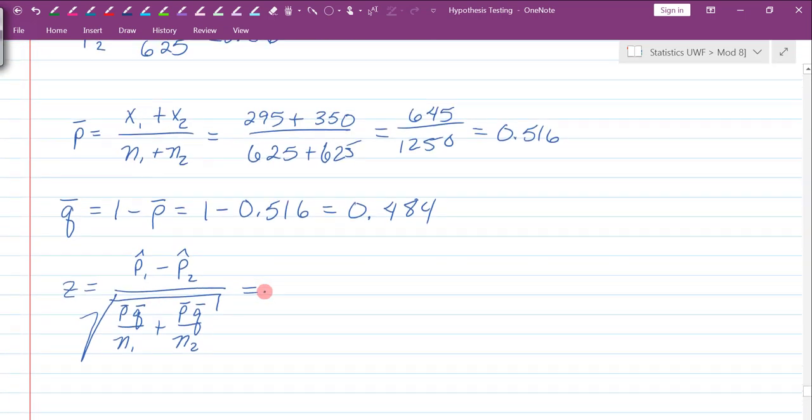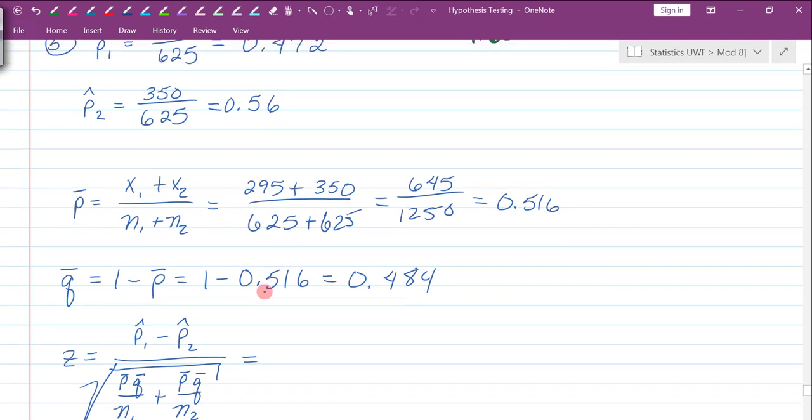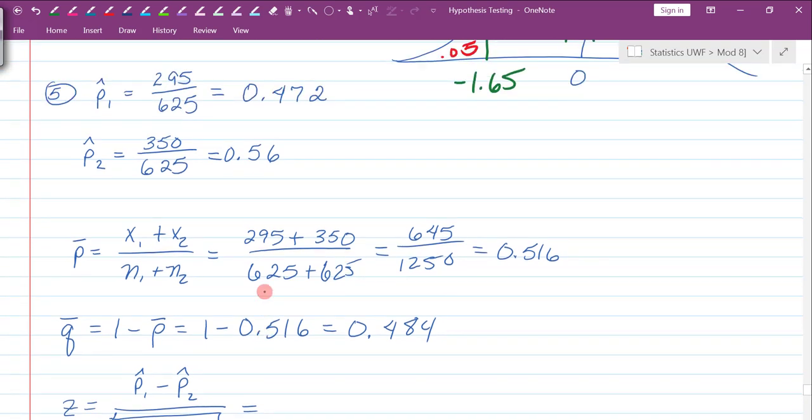So to substitute all these values in, P hat 1 is right here at 0.472.